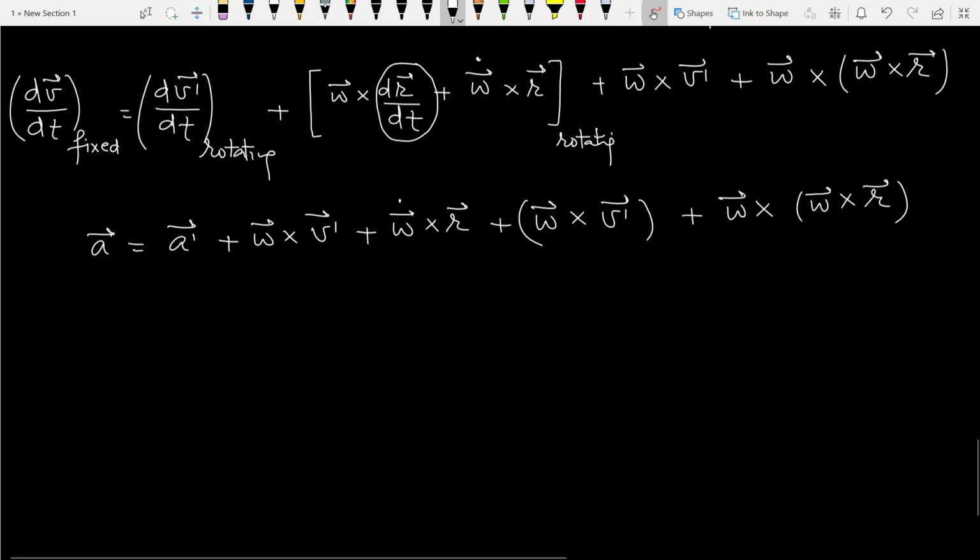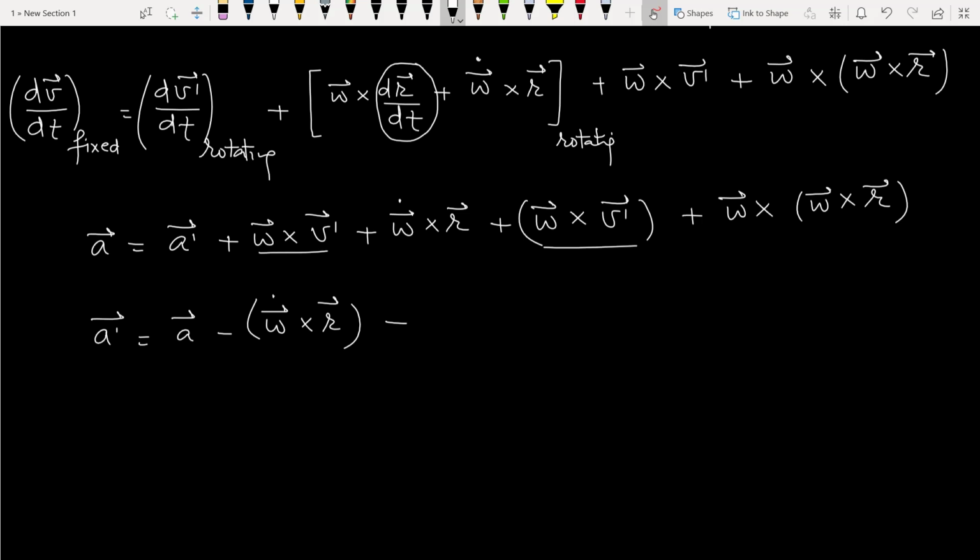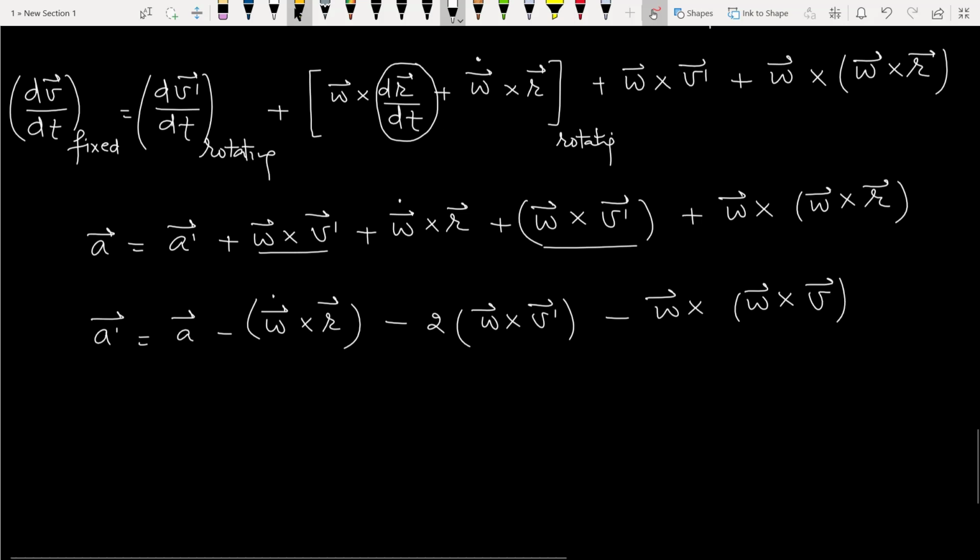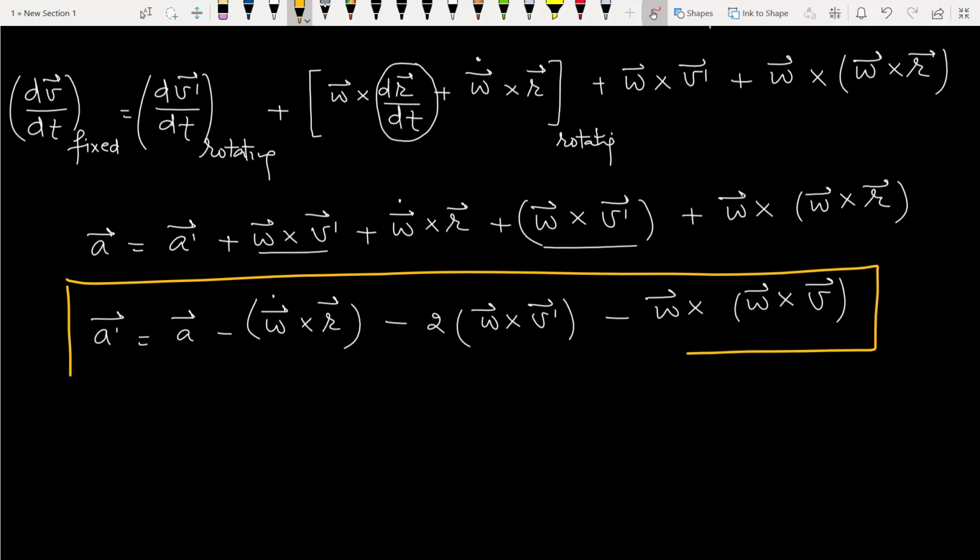So from here a dash can be found, a vector minus omega dot cross r minus these two terms, they add up to omega cross v dash minus omega cross v. So this is the final expression that we obtained.